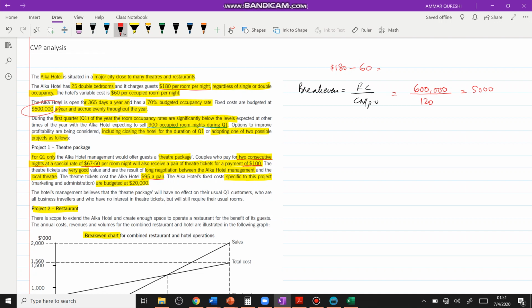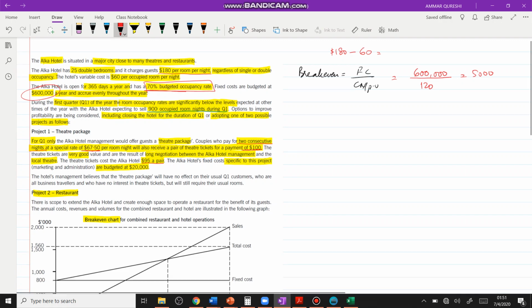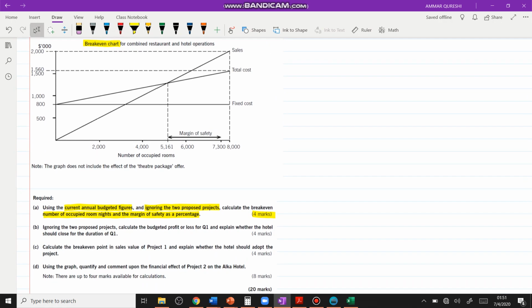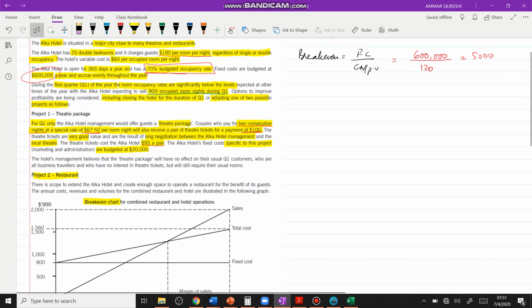Now, it's not the requirement, but right now we can say that there is a 70% occupancy rate, so we need to identify whether the company is able to achieve the break-even or not. We are done with the first part: calculate the break-even number of room nights occupied, and the margin of safety as a percentage.